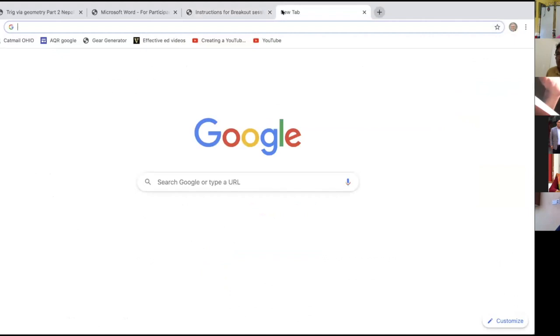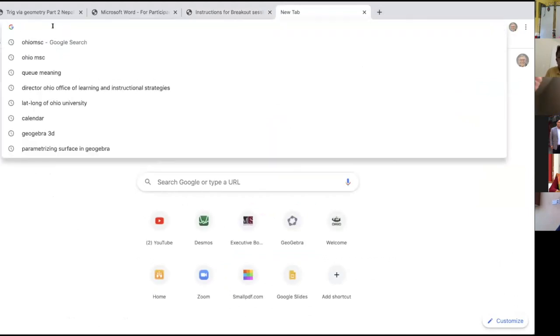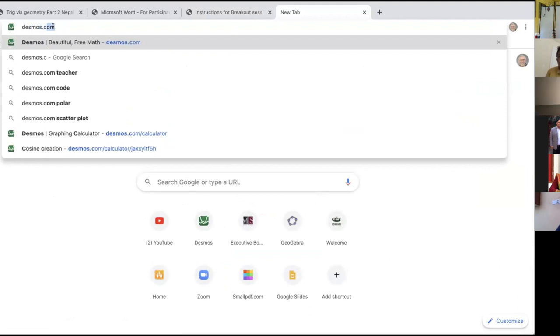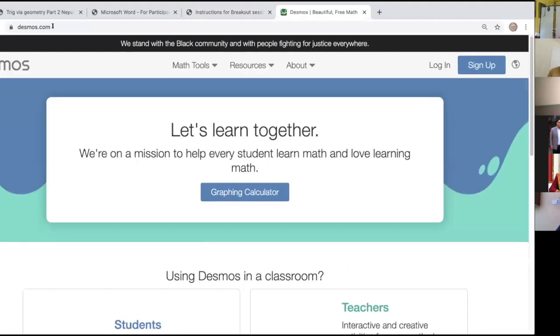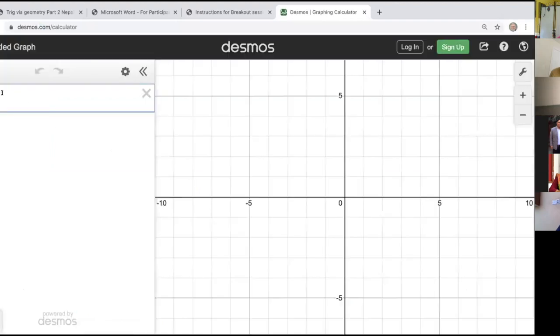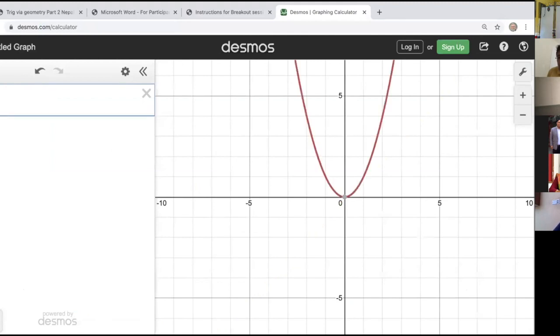And so somebody in your group is probably going to go into, all you have to do is type desmos.com in a browser and then open up the graphing calculator. And you can do things like, if you wanted to create a circle, you could say x squared plus y raised to the second power.